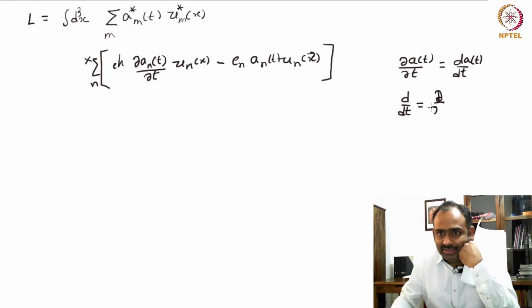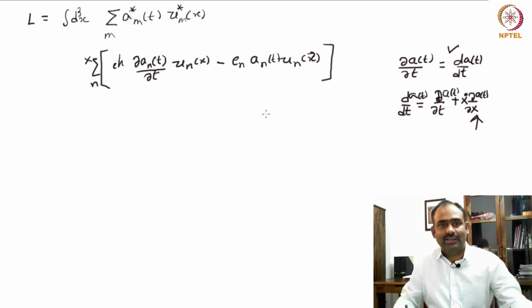It's del over del t plus del over del x into dx over dt. But if you put a function a which depends only on time, this piece is 0, right? Because it's a partial derivative of a thing which depends only on t. So this is gone, and it's clear that what I'm saying is correct.